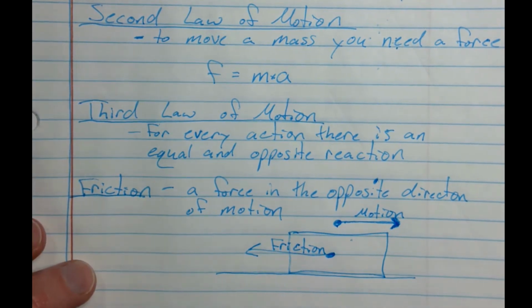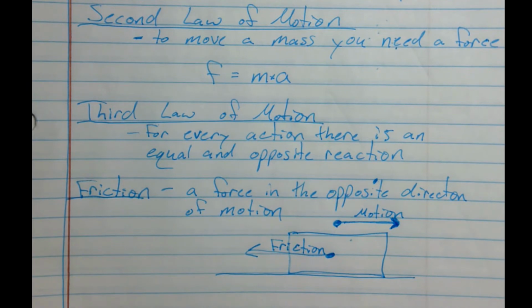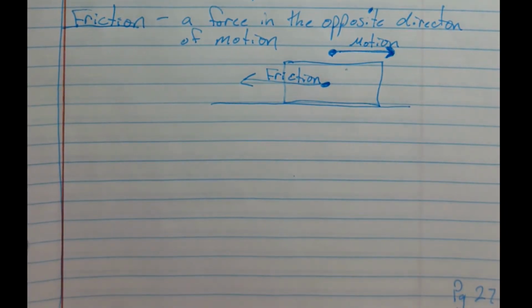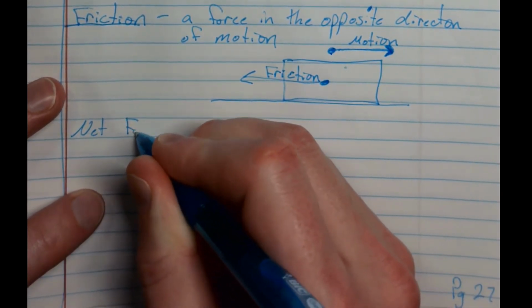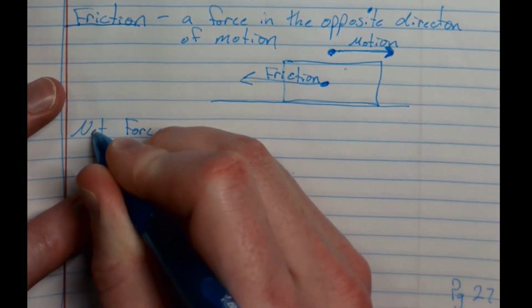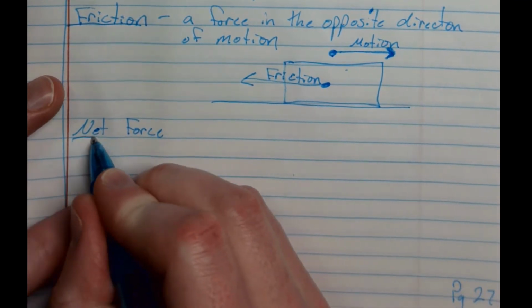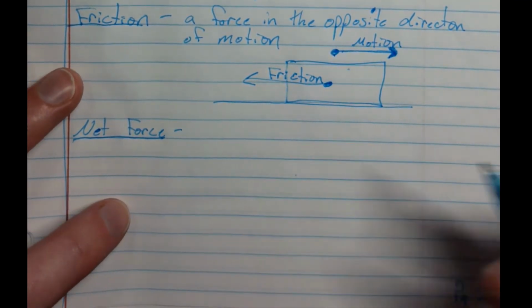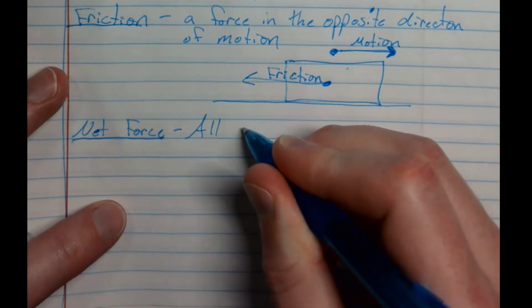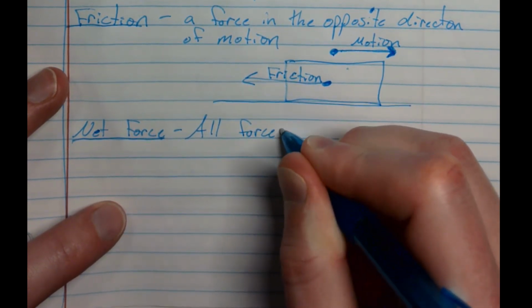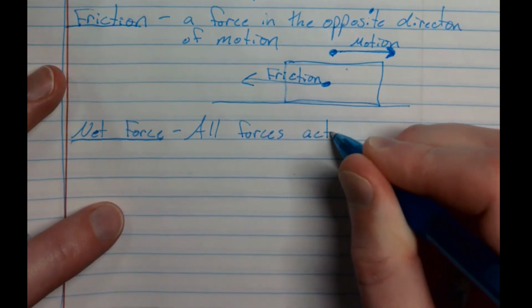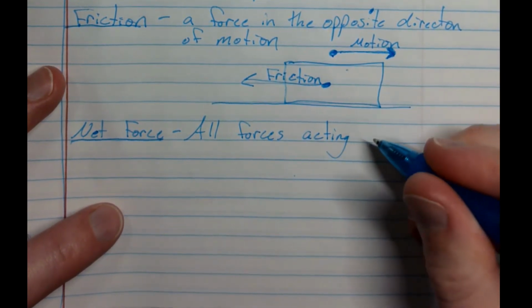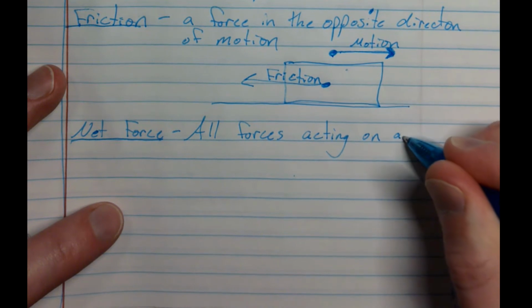Now, let's say we have a bunch of different forces. We need to add them all together, and that gives us something called a net force. So a net force, that's an E, obviously, right? Yes. And the net force is all forces acting on an object.